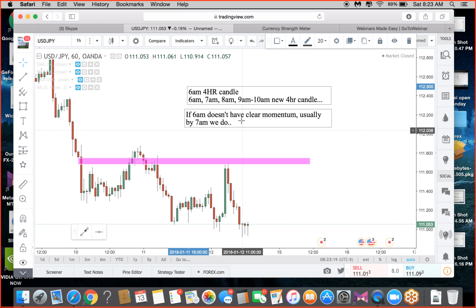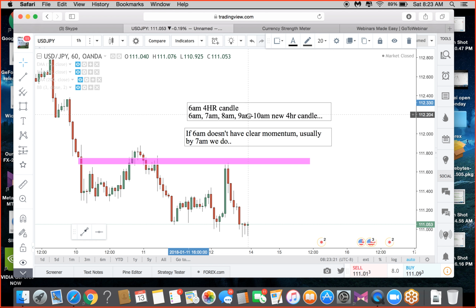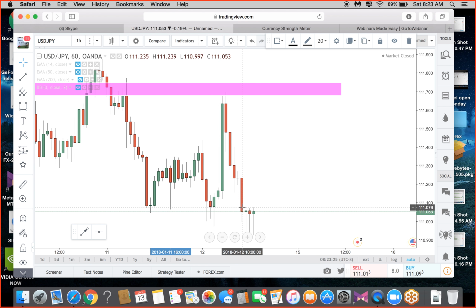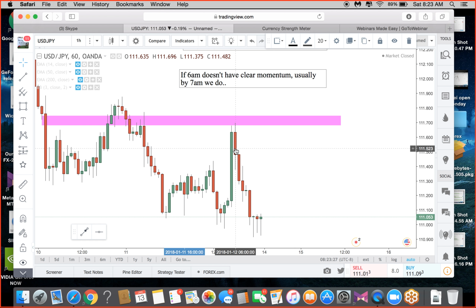So if 6 a.m. doesn't have clear momentum, usually by 7 a.m. we do. This is what it looks like. So here's 6 a.m. It ended up coming all the way down here, and it pulled up, and it left us off with the wick to go fill. So usually by 7 a.m., we do have that clear momentum.